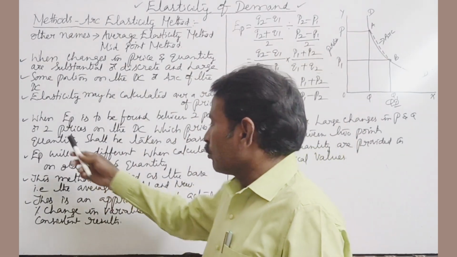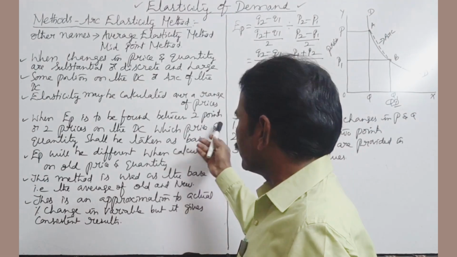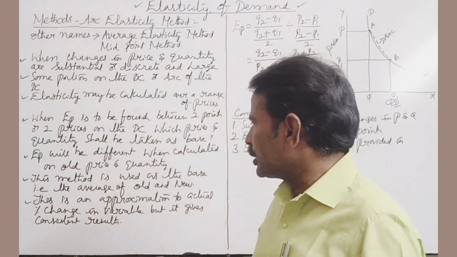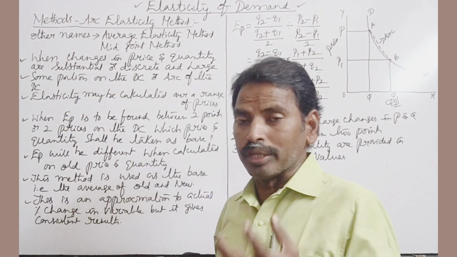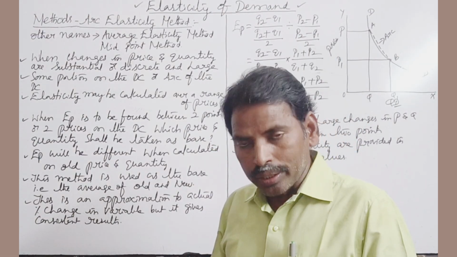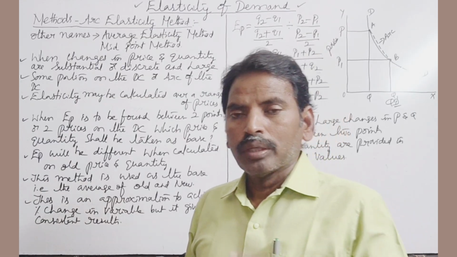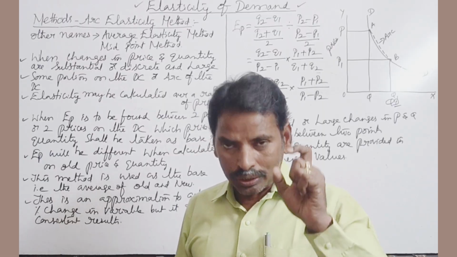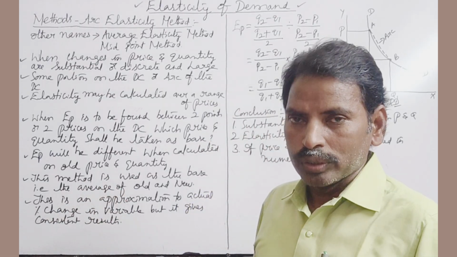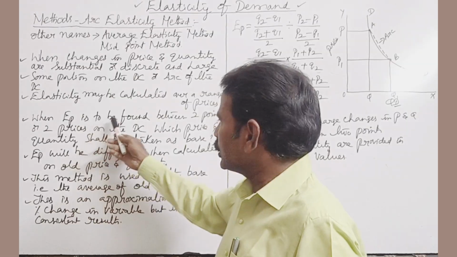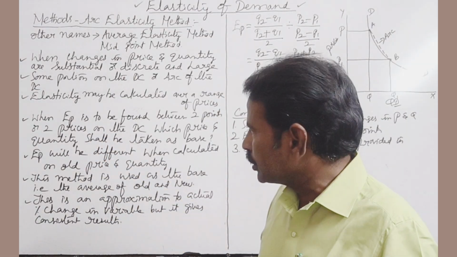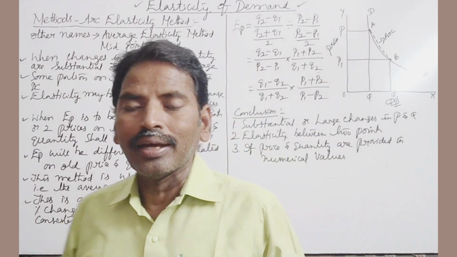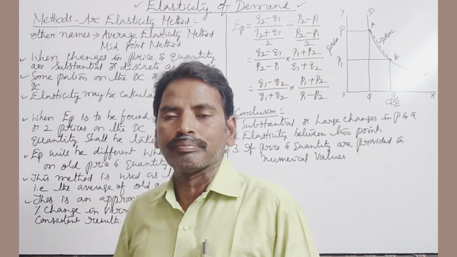Next, when price elasticity is to be found between two points or two prices on the demand curve, which price and quantity shall be taken as the base? Between two prices, between two points, between two quantities, the arc method is applied.